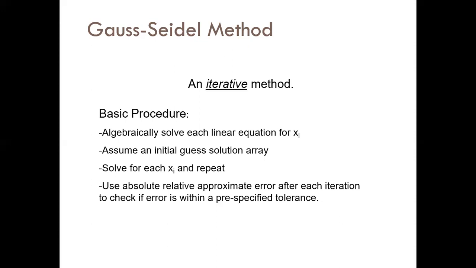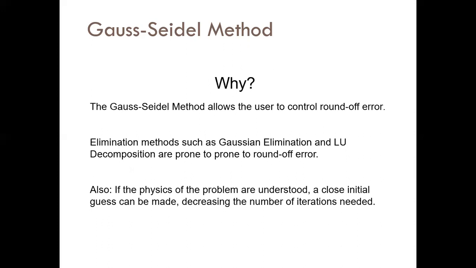Suppose the difference between the iteration 2 value and the iteration 3 value is very small and less than the tolerance value, then the iteration 3 value is the final solution of the simultaneous equations.